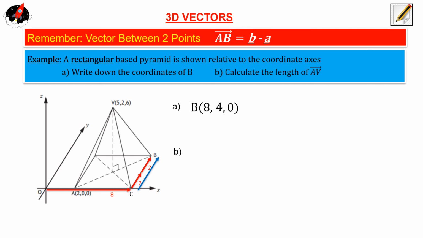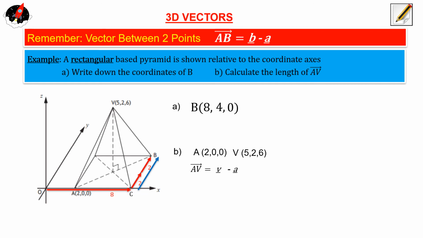Okay, let's look at part B. So for part B, we know that coordinate point A is 2, 0, 0, and we know that coordinate point V is 5, 2, 6. If we want to get the length of that vector, we need to work out the column vector for AV first of all.